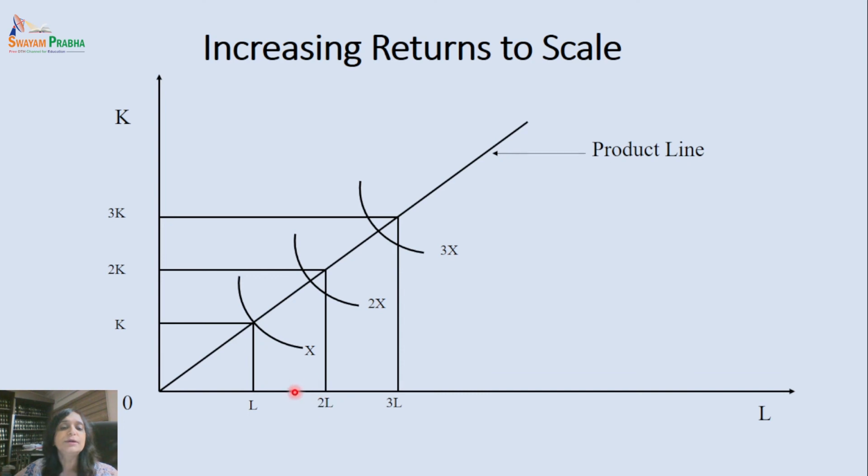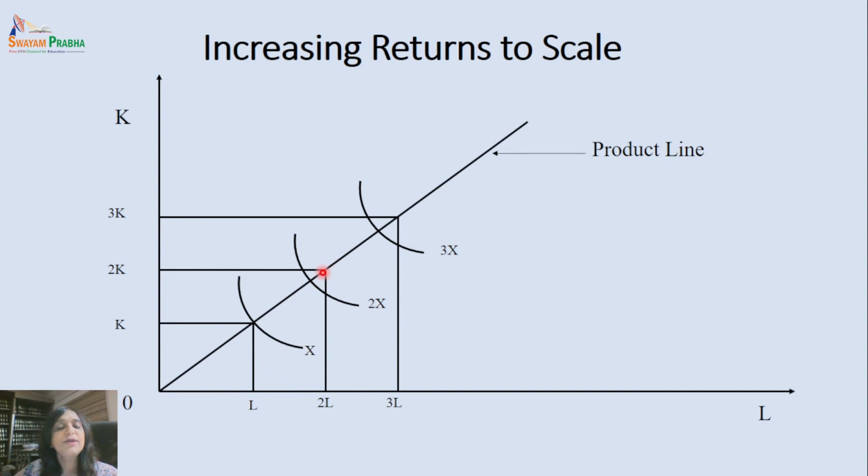Now you are doubling your inputs, labor and capital. So from L, you go to 2L. From K, you go to 2K.